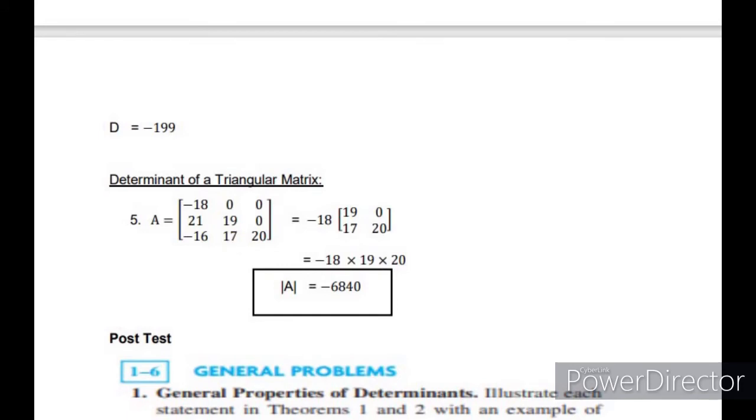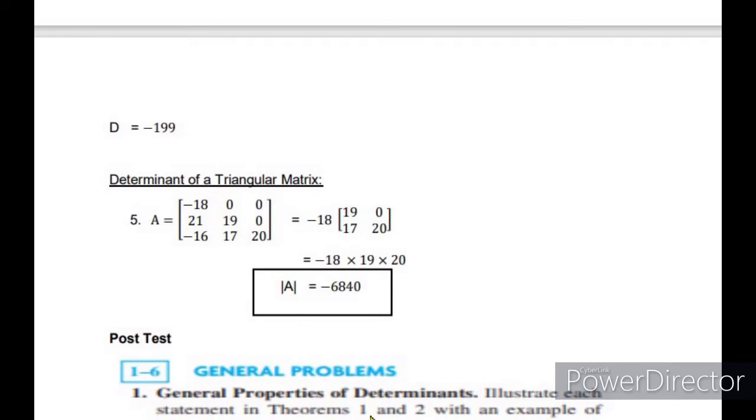In the case of a triangular matrix, you will just multiply the first element in the first row and first column, which is negative 18, with the diagonal elements that do not belong to its row and column.